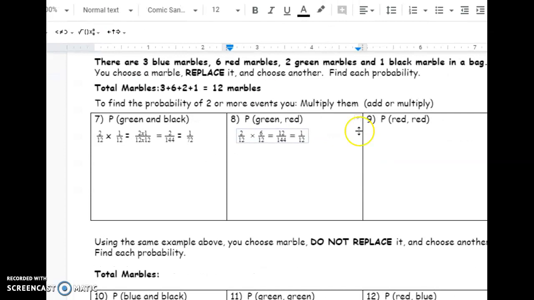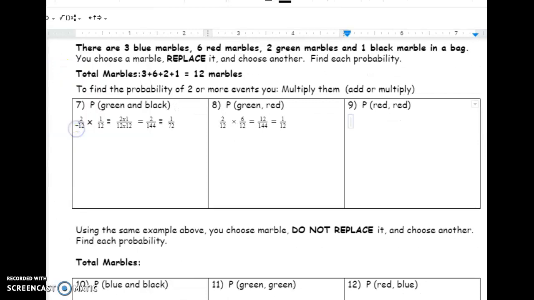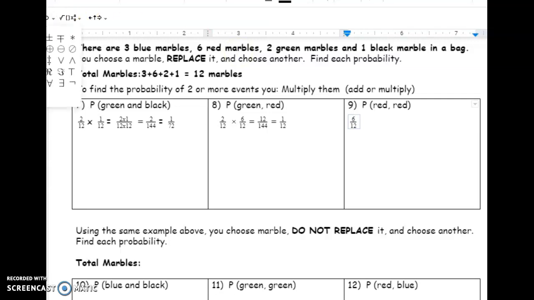Now, let's look into the probability of getting 2 reds. So let's insert our equation, and we need our fraction. The probability of getting red, we have 6 marbles, which is 6 over 12, times another red.